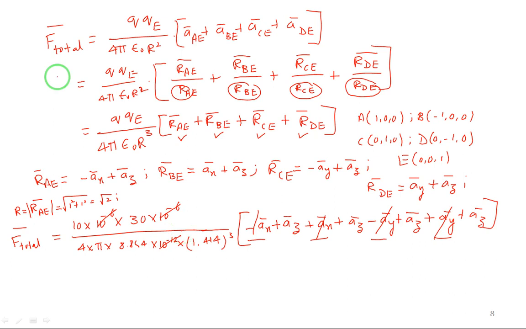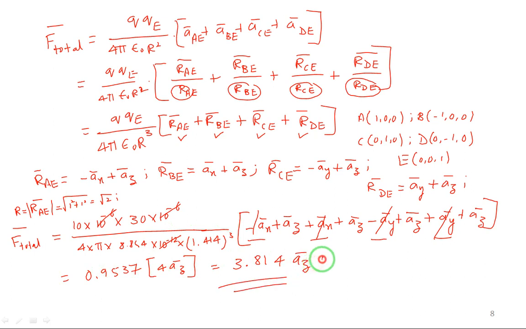So what I am getting is 0.95 something here. Just I'll write 0.9537. I am getting this entire thing, and within bracket I have 4 times AZ, right? So multiply 4 for this, whatever the answer you got. So 3.81 AZ newtons, right?